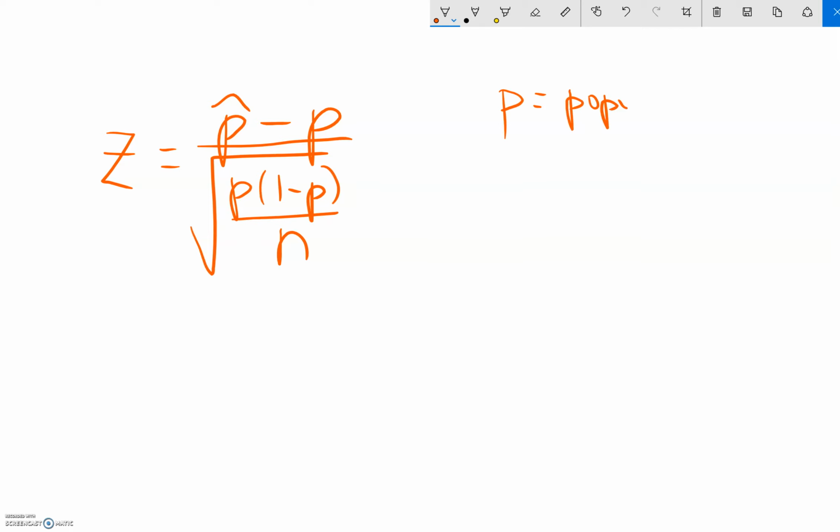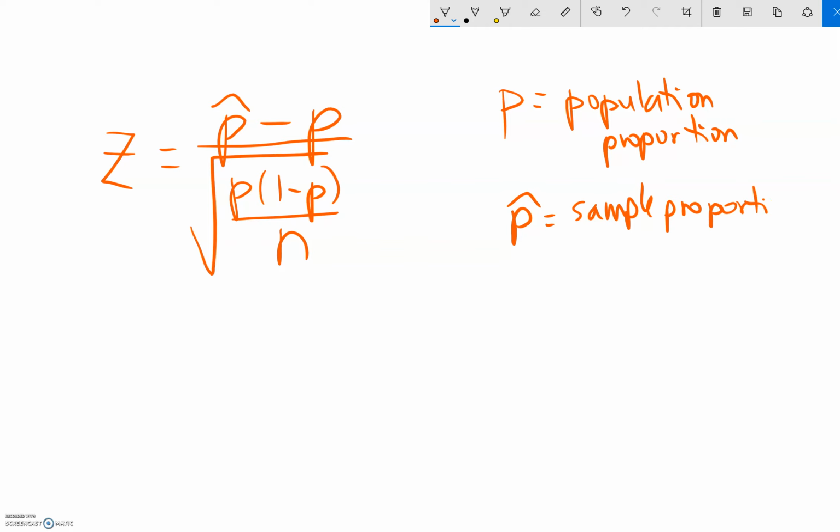P is given to be the population proportion. P hat is our sample proportion. And n is our sample size.